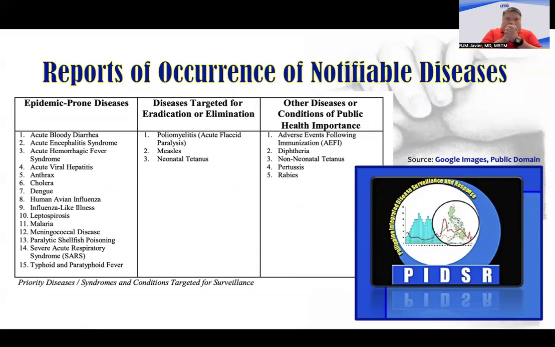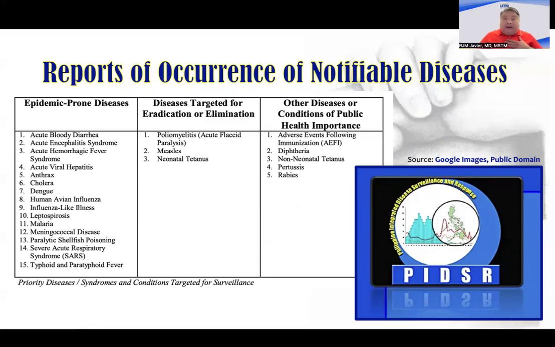Now, I will try to define terms for you to better understand these terminologies. This may have a little bit of change by now, but in essence, these are some of the things that as health authorities or as healthcare providers, we look into.